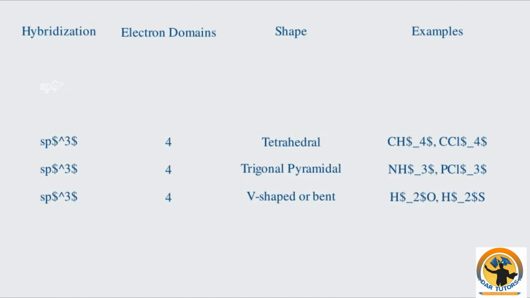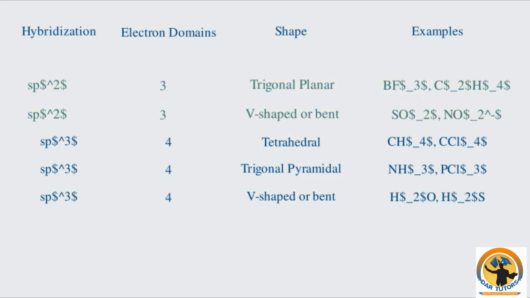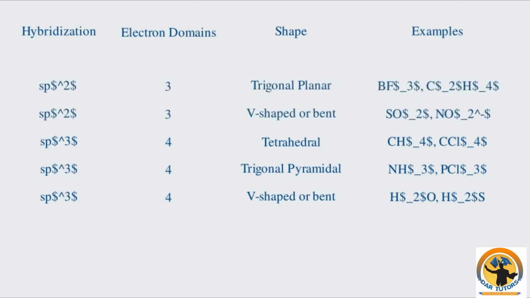If there are 3 electron domains, it's sp2 hybridized. A common case is 3 single bonds, which results in a trigonal planar geometry, like in BF3, or a carbon in ethene. But it could also be a double bond and 2 lone pairs, which would give a V-shaped geometry. The key is 3 domains for sp2.